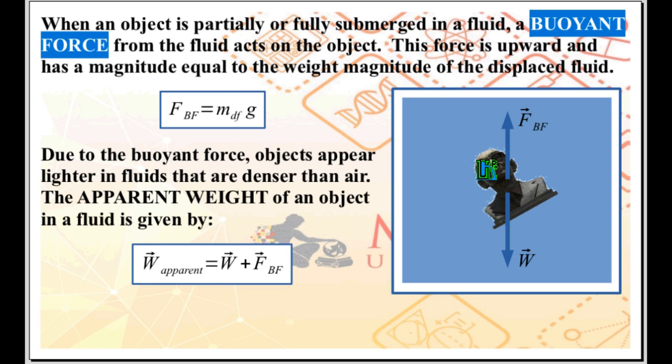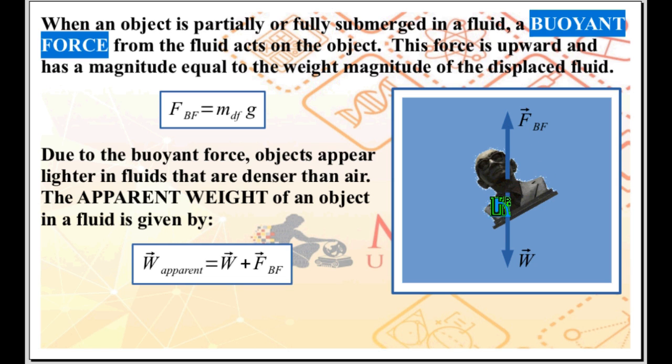So say you have an object submerged in a fluid, it has weight W. Coming from the fluid, a buoyant force will act on the object. Buoyant force, F_BF. The buoyant force is always upward.